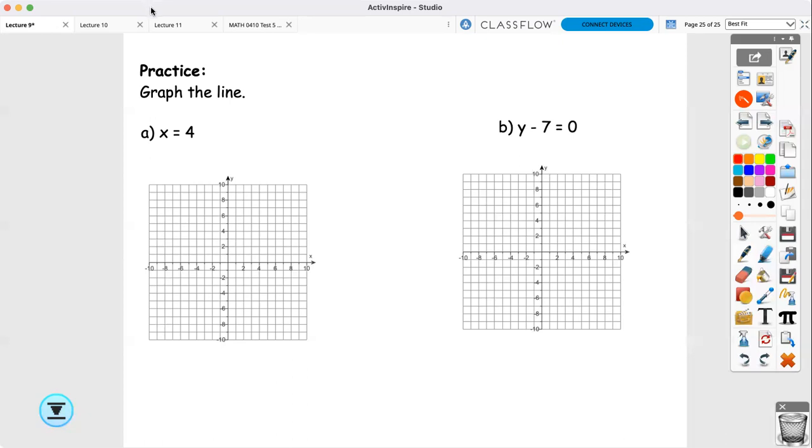All right, guys. For A, x equals 4, anyone want to tell me what kind of line they drew and where they drew it? The equation for A is x equals 4.